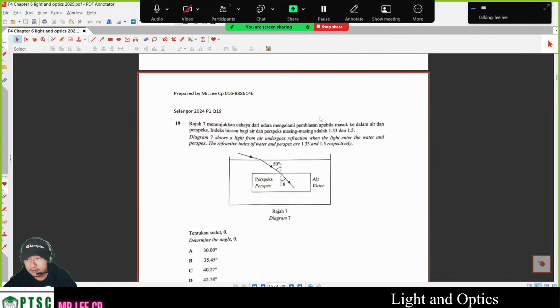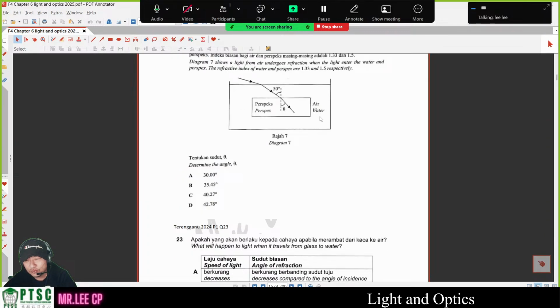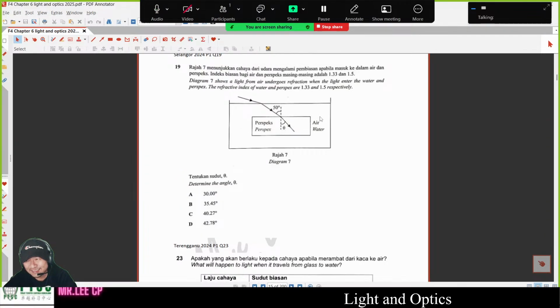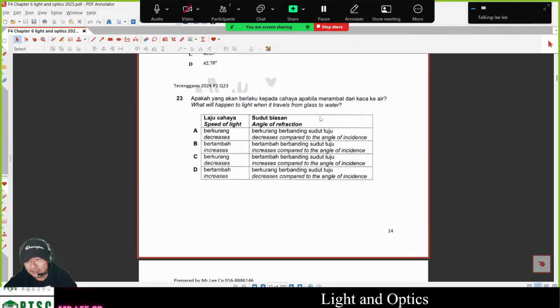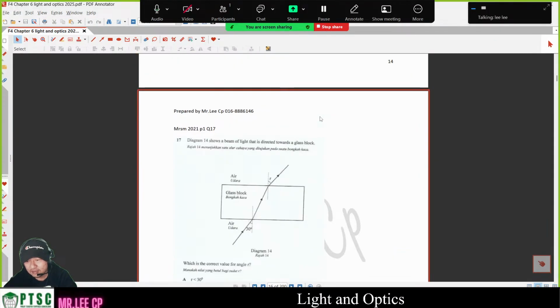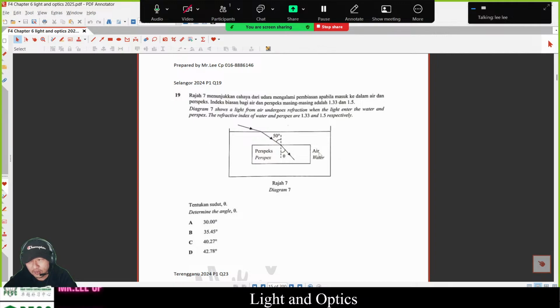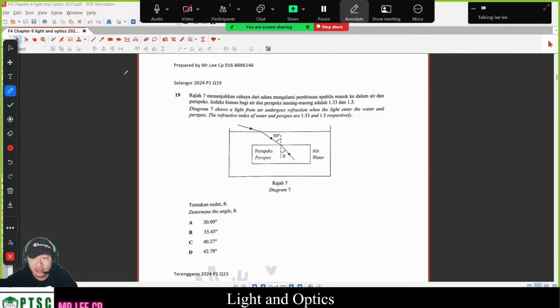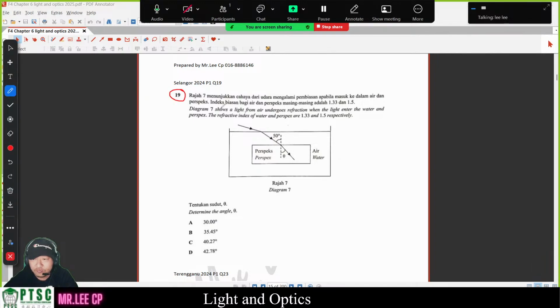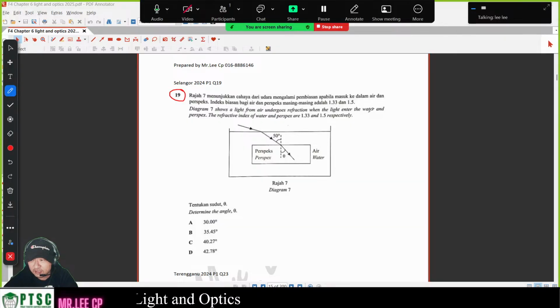Now exercises, I am not going to do all of it. Maybe I'll pick up some. For example, this kind of question. I want to try this kind of question. This one. So diagram 7 shows the light from the air undergo refraction as the light enters the water and perspex.